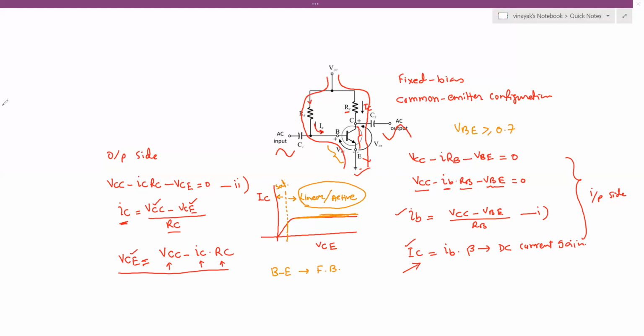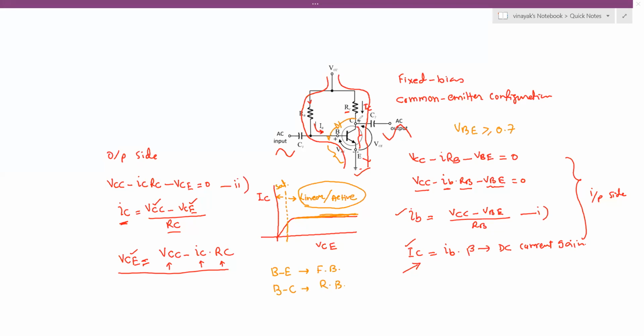Remember, there is this diode here, which basically gets forward biased. And the second condition is that your base to collector junction should be reverse biased. It means you have this diode also here that should be reverse biased.